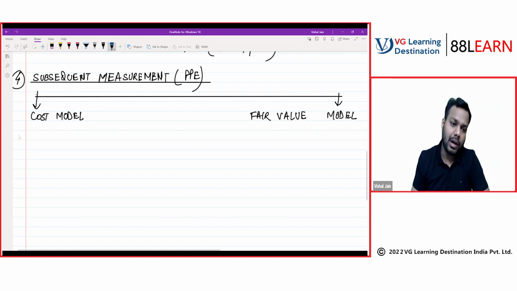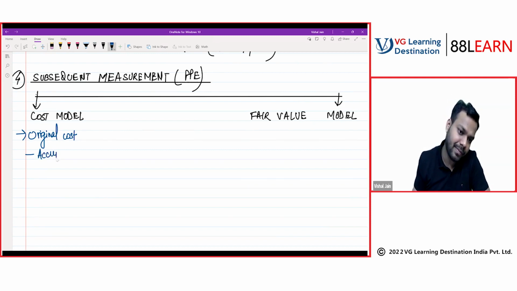Now in the cost model, I will record at original cost minus depreciation, or I can say accumulated depreciation. What is the meaning of accumulated depreciation? I believe you are already aware of the term.